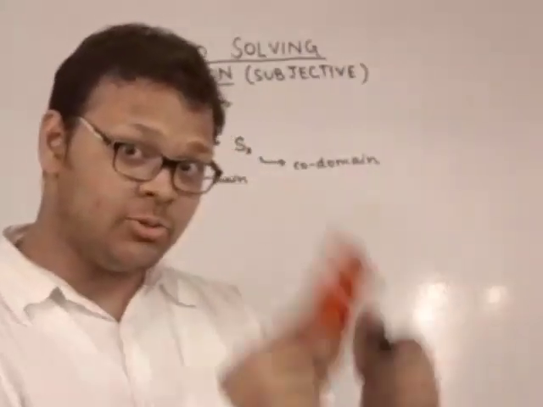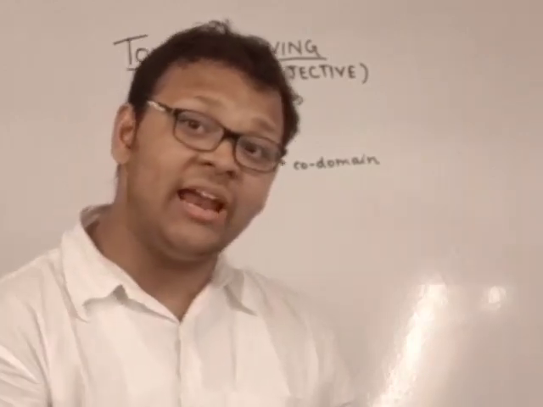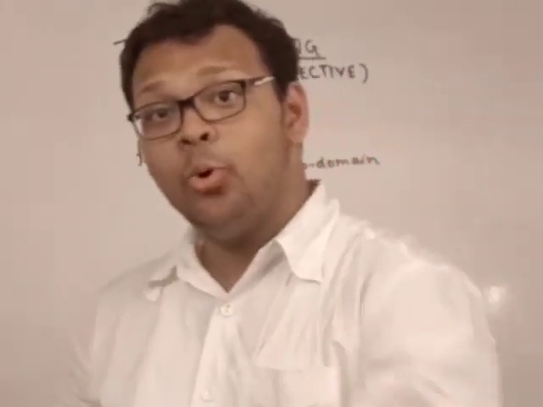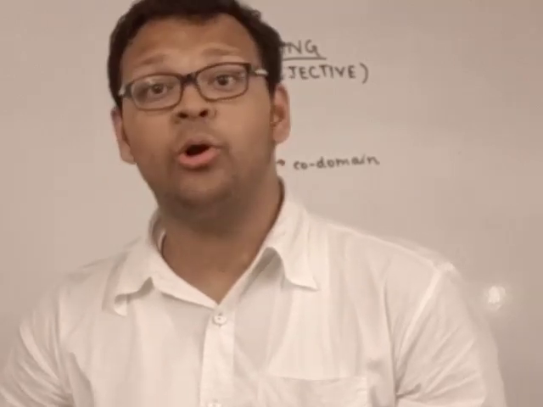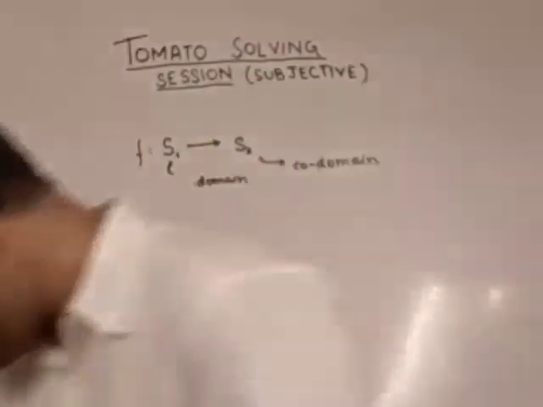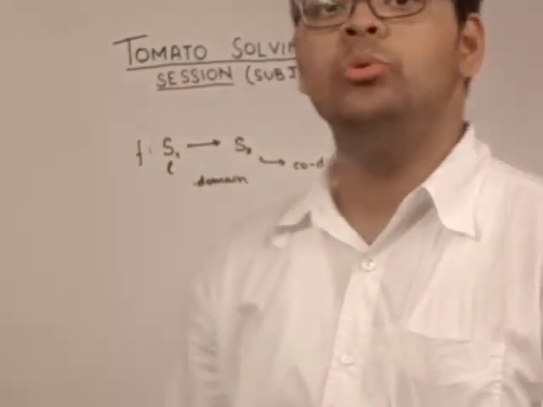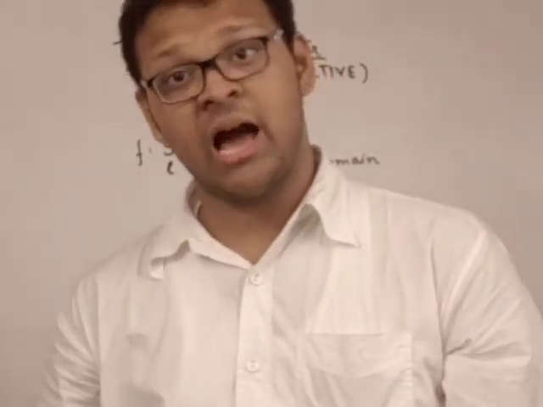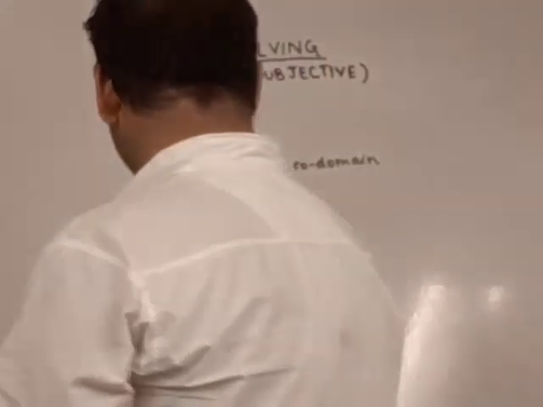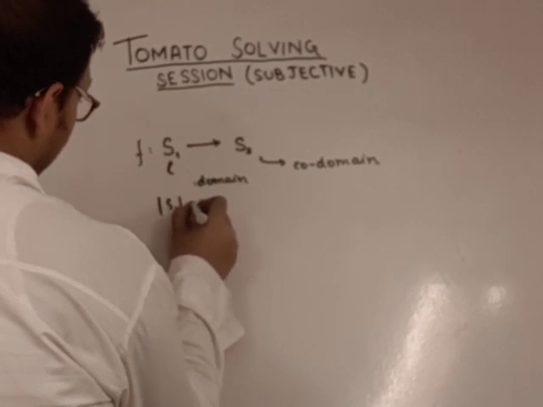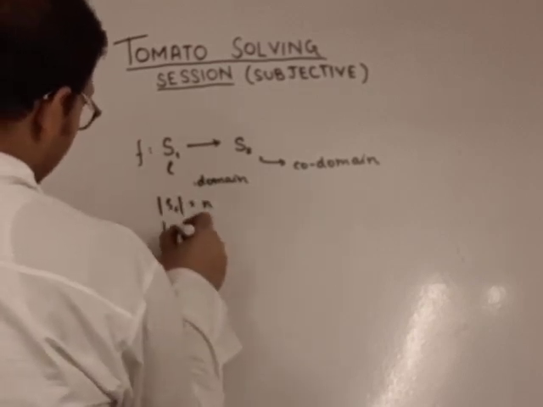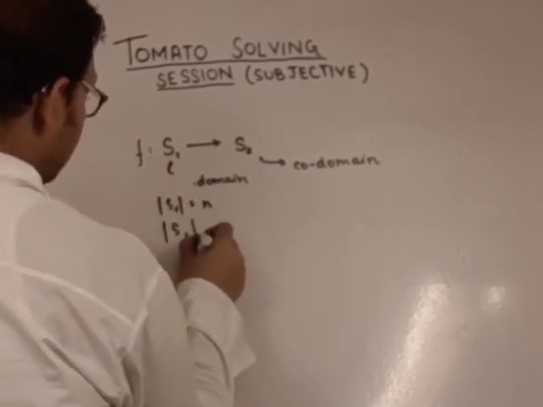So for every element of S2 there exists at least one element whose map it is. That is called an onto function. Our problem is to count how many onto functions there are from a set with n elements to a set with r elements.